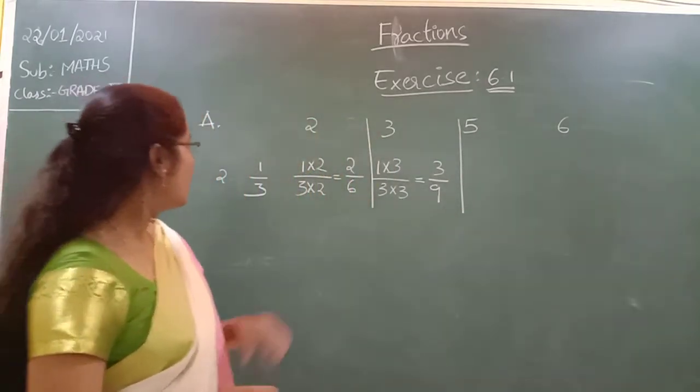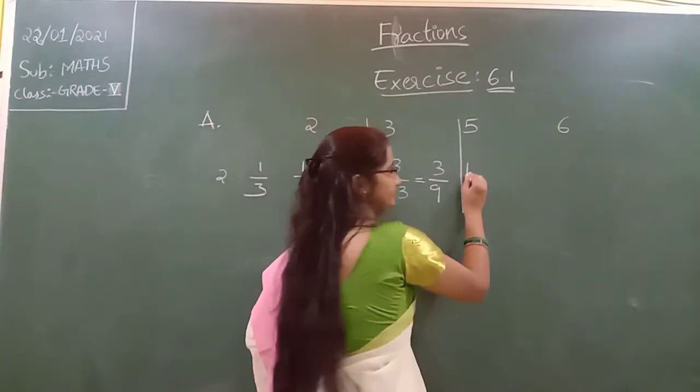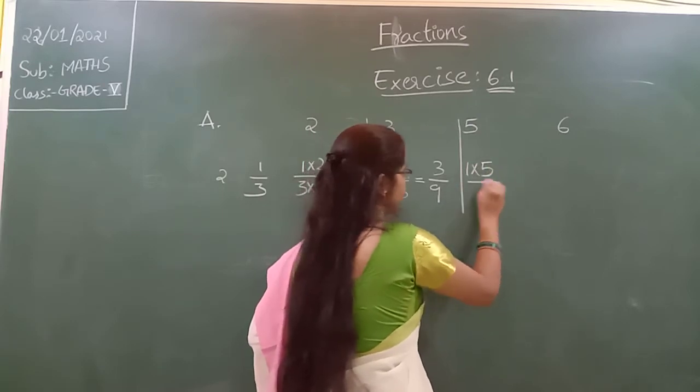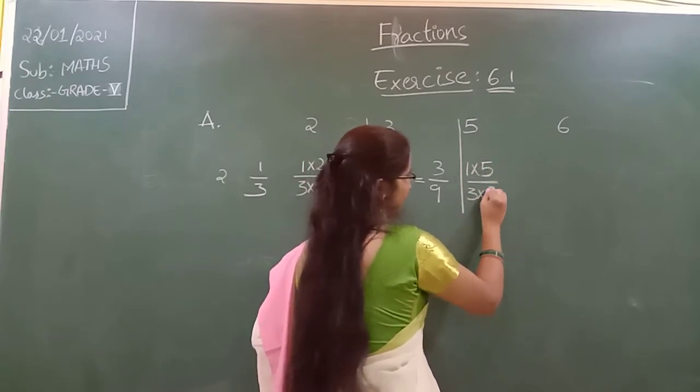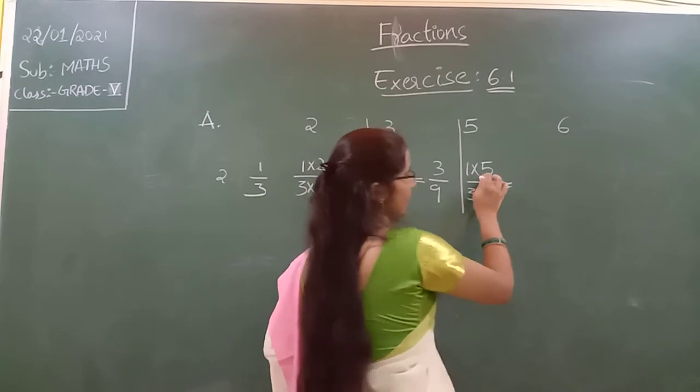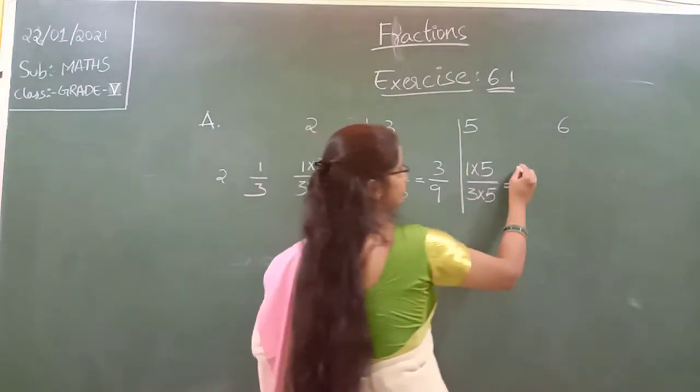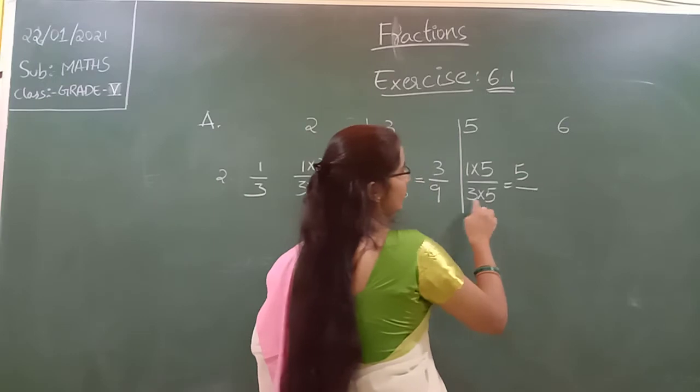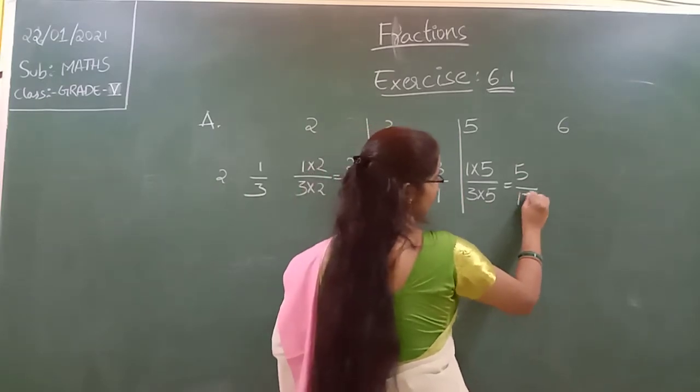Next, again multiply with 5. 1 into 5 is 5, and 5 into 3 is 15.